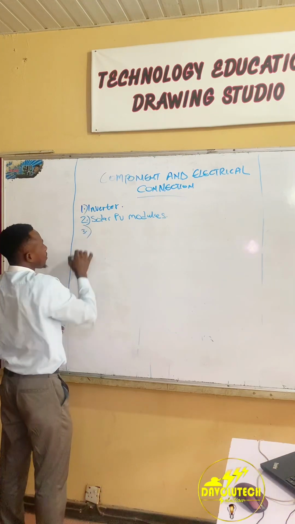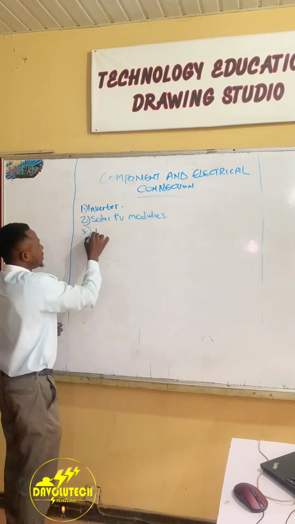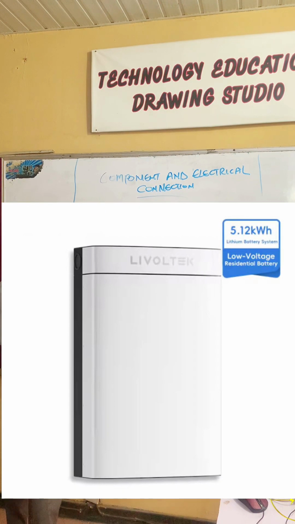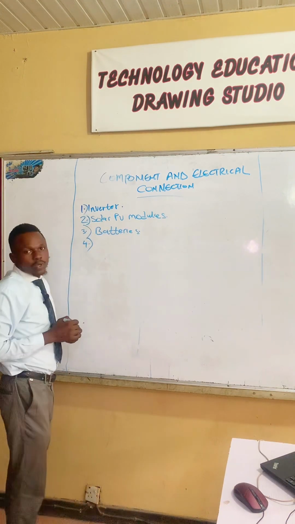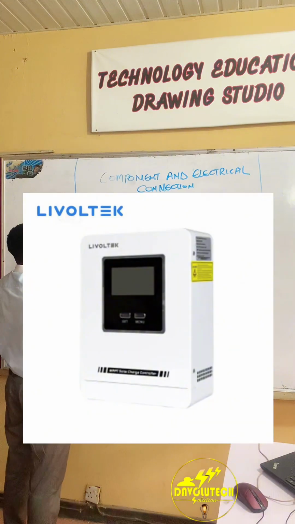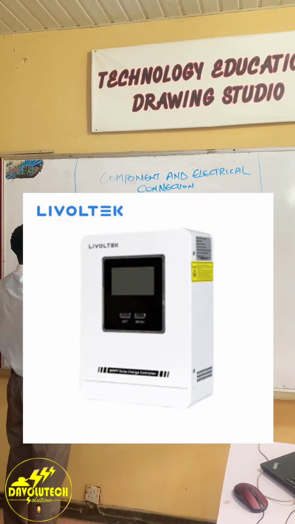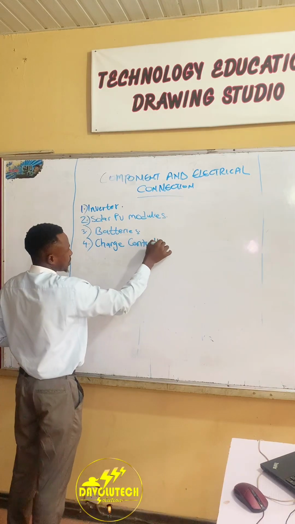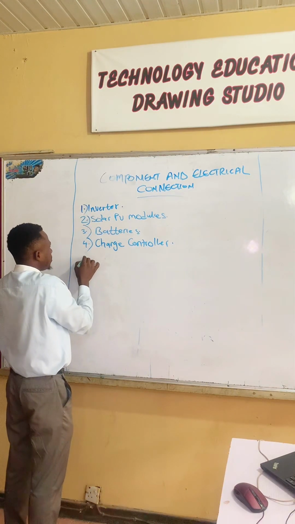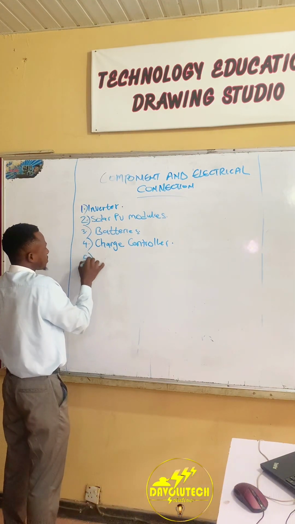Three, we have batteries. Four, we have our charge controller. And of course, five, we have our protective devices.